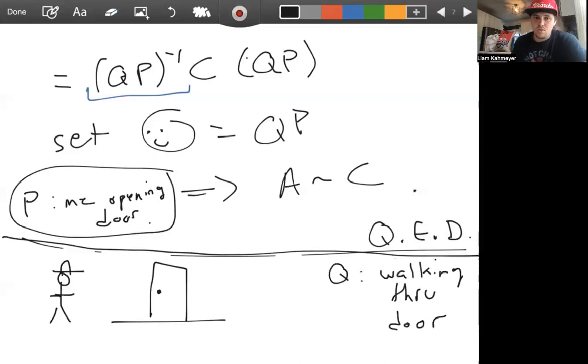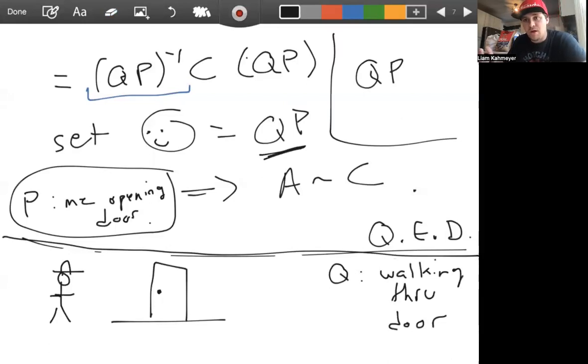Now let's think about this multiplication as a composition, because that's really what it is. Let's say we were to do QP, like we have here. Then that means you do P first, if you're thinking about this as composition. So after I do P, I open the door.